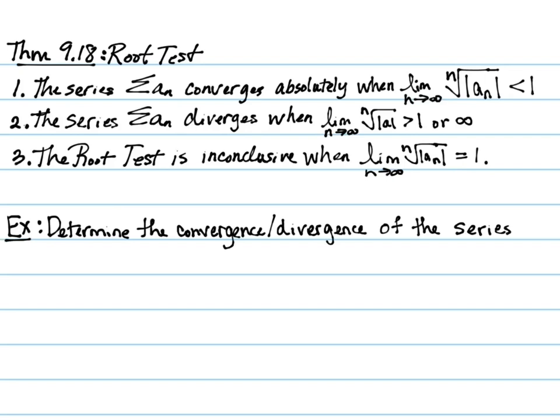The one we're going to look at is the summation from n equals 1 to infinity of (4n over 5n plus 1) to the power n.